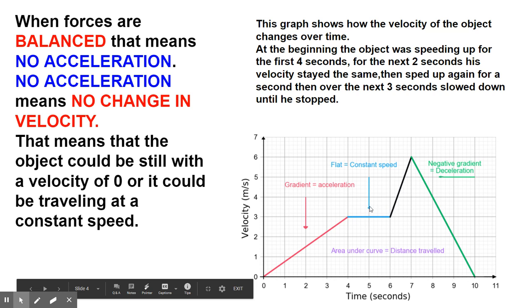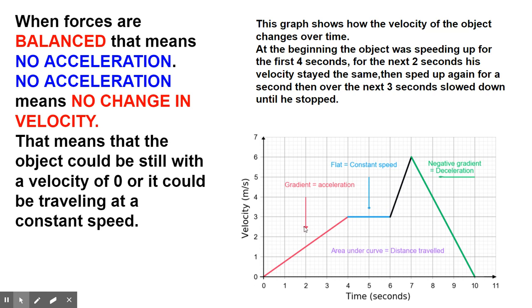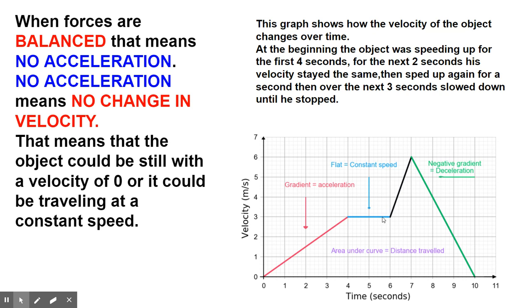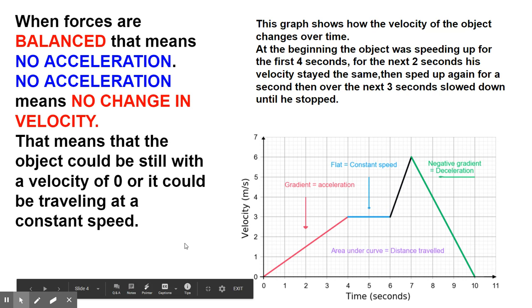Okay, so again, don't get confused with this. You have to remember the difference on the x and the y axis. If this were distance time, this would show no motion. But because it's velocity time, this actually shows that the car is moving at a constant speed or velocity.